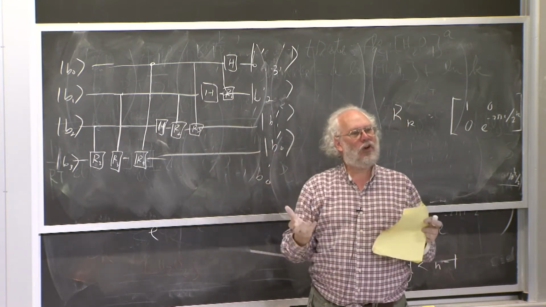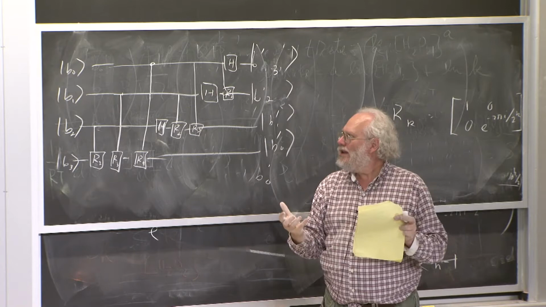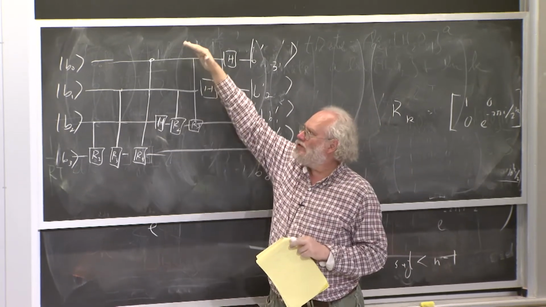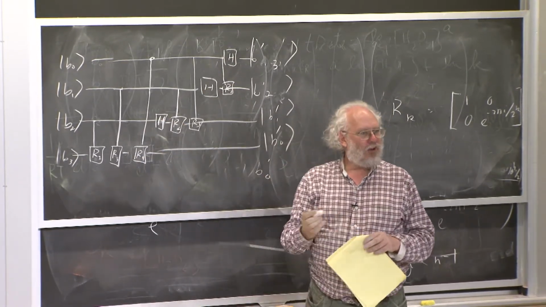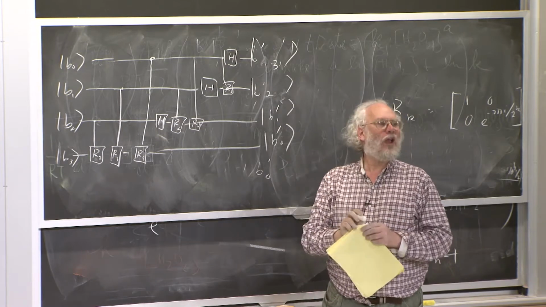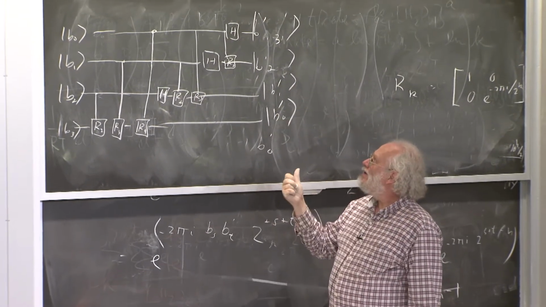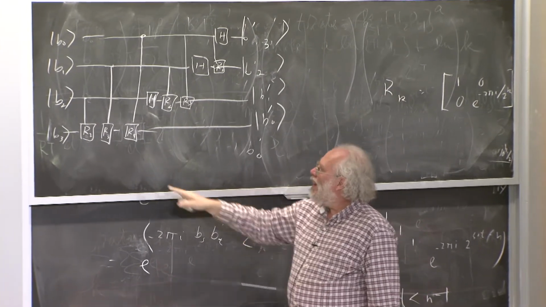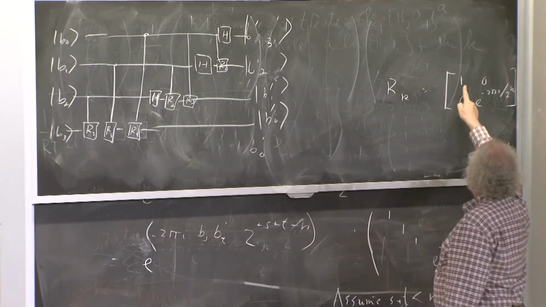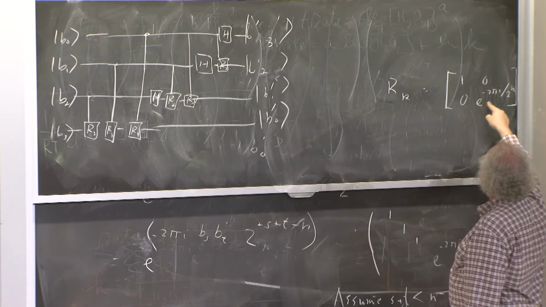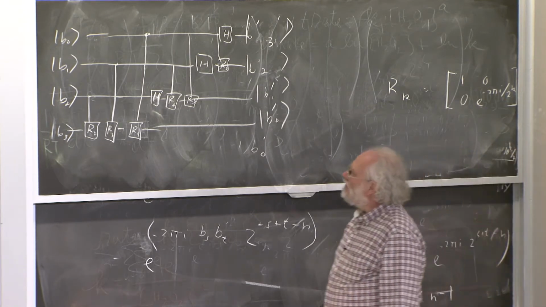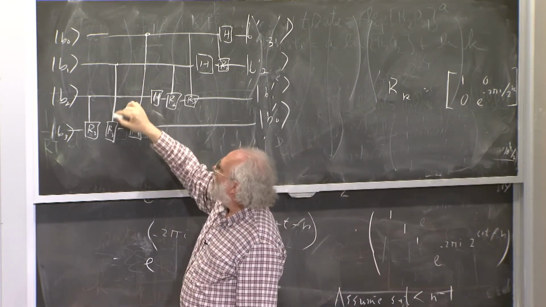And generally, I'll put an R_(t+1) between all pairs of qubits which are t plus 1 away. And R sub k is just this gate, 1, 0, 0, e to the minus 2 pi i over 2 to the k. So this is a controlled R sub k.